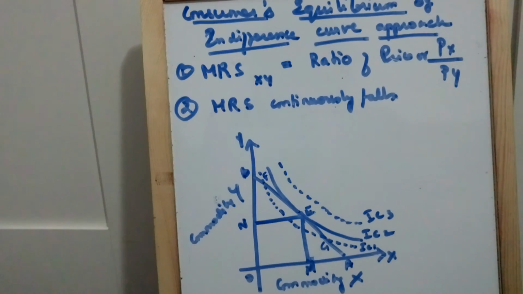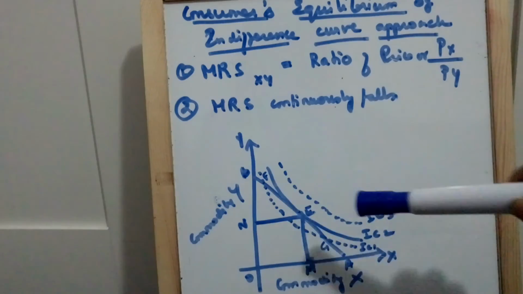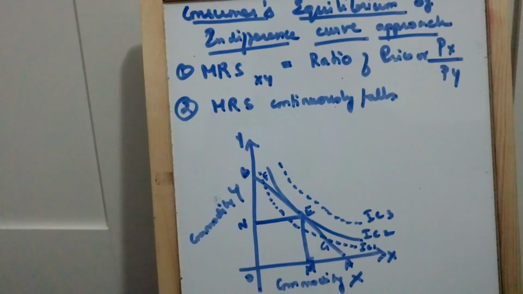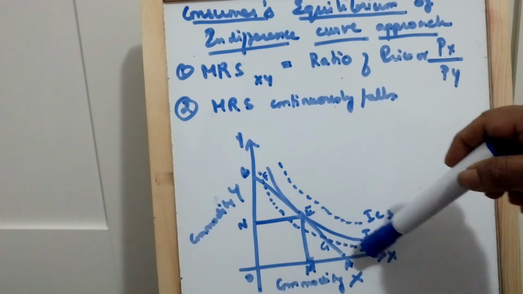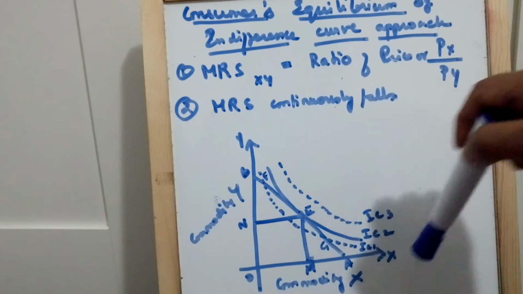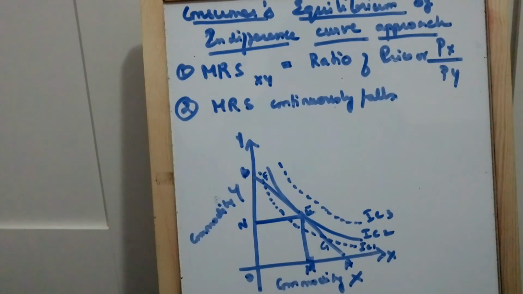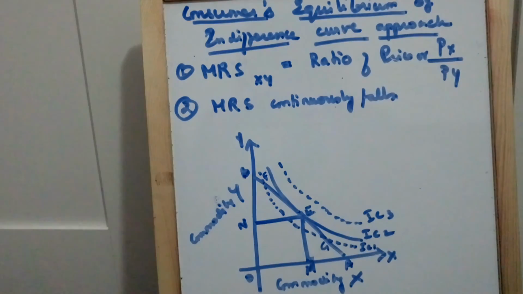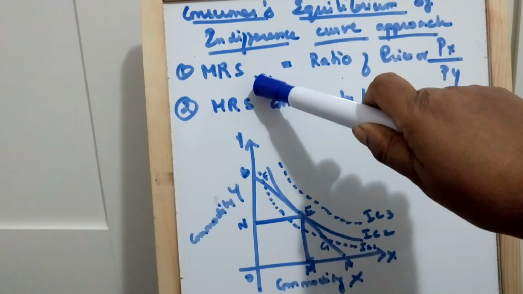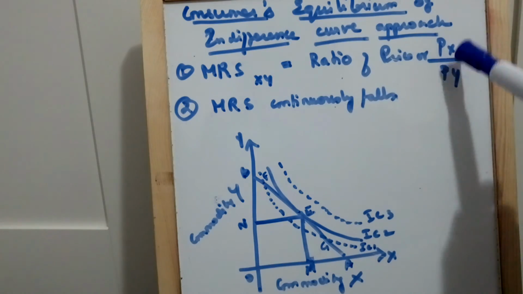So equilibrium cannot be established at any other point, as MRS XY is greater than the price ratio at all points to the left of E, and MRS XY is less than the price ratio at all points to the right side of E. So equilibrium is established at point E where MRS XY is equal to the ratio of price, PX by PY.